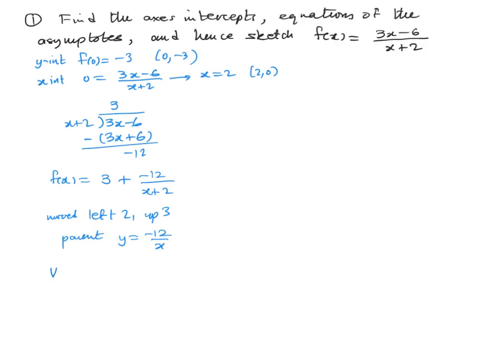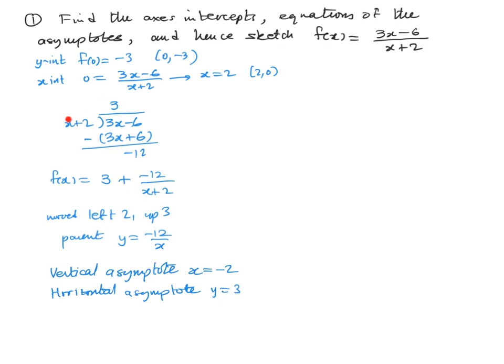So if negative 2, 3 is the fake origin, the vertical asymptote is x equals negative 2, and the horizontal asymptote, well, again, we moved up 3, so y equals 3.